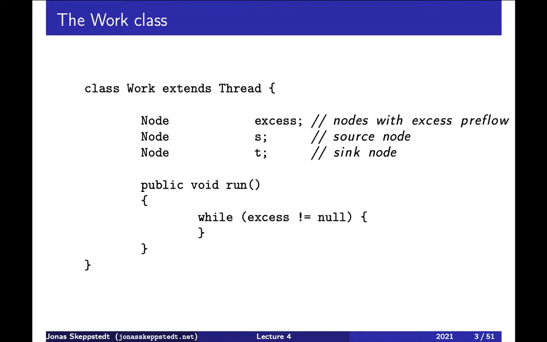So if we have a class Work, which does the work of a thread, then it can look like this, for instance. It runs until this thread's list of nodes with excess preflow is empty.